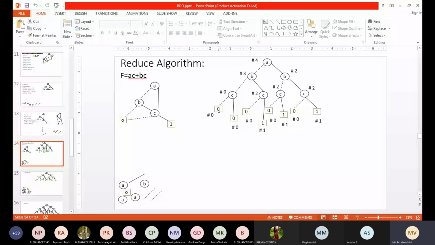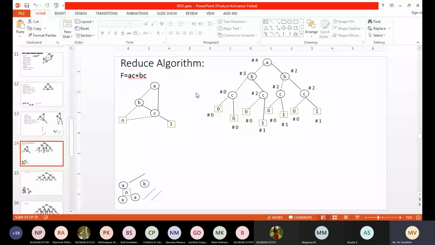So in that case, for this B, this input line will be retained and any one of these leaf nodes will be retained. So for this B, the input line, this dashed line, is retained and any one of these leaf nodes is needed; I have directly connected. Coming to the other side, this is 2 0 1, 2 0 1, 2 0 1. So all patterns are same, so you can have any one.